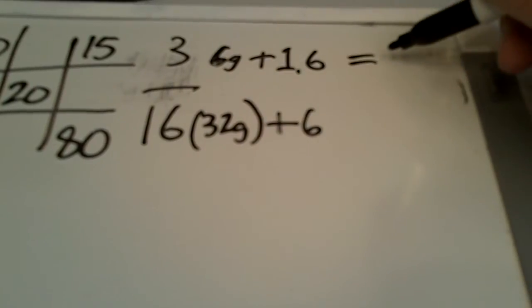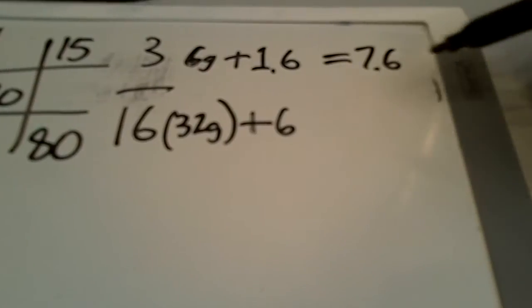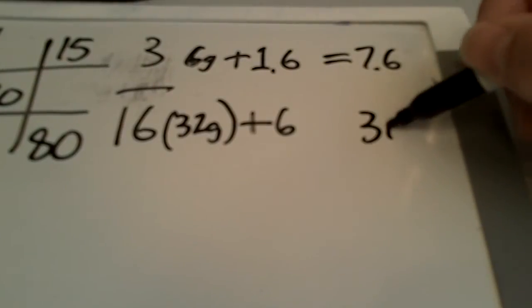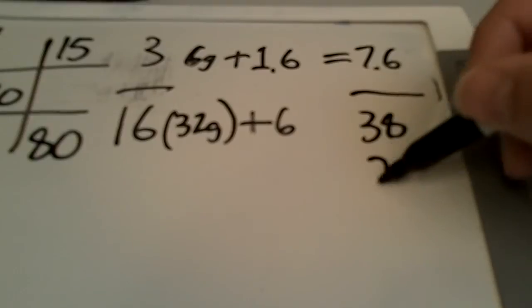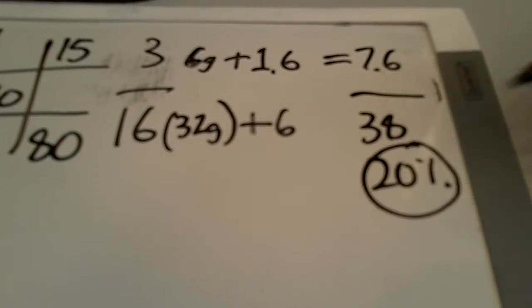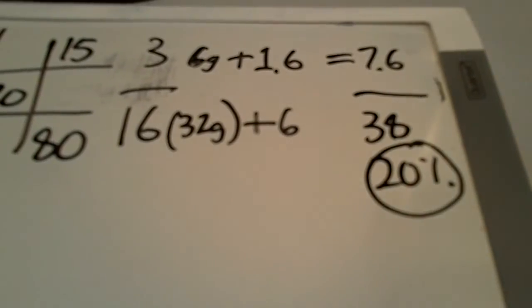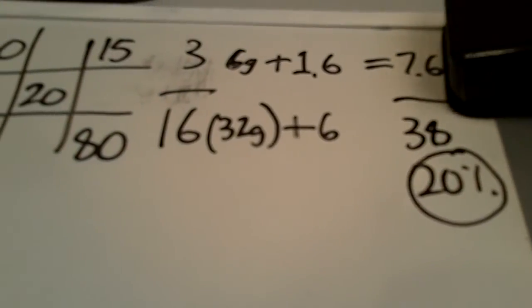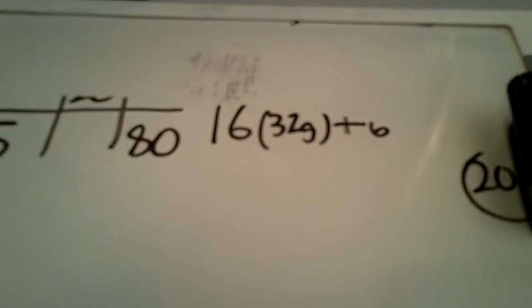So then you add all those up, and what you get is 7.6 in 38 grams, and that indeed is 20%. So you can use alligation, but it gets a little more tricky, and so you can use it at your own risk. But the best way that I would recommend to use is just using an algebra equation.